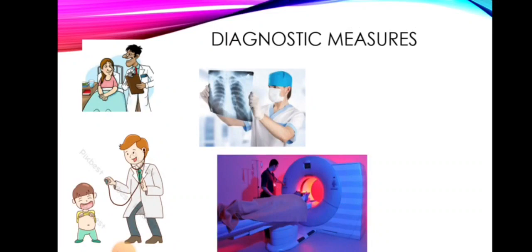While we are taking the history, we have to collect relevant history regarding the present situation of the child and the family background and the socioeconomic status of the family, and we can collect more details regarding the type of abuse that the child underwent, whether it is physical, emotional, domestic or sexual abuse.